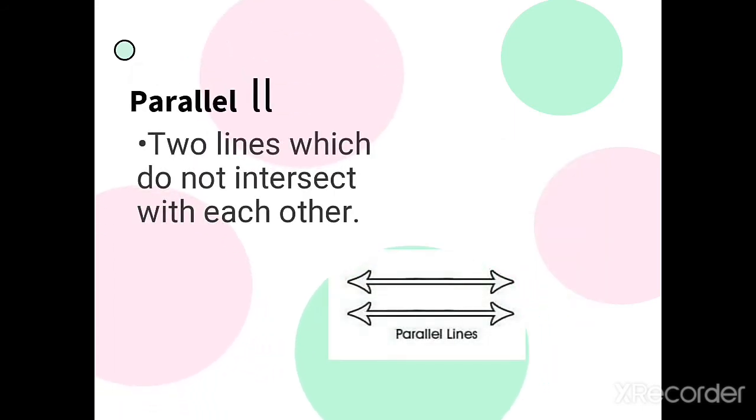Last for the lines is the parallel line symbol, which looks like two lines next to each other that don't touch. These are two lines which do not intersect with each other. In simpler terms, they never meet, unlike the intersecting lines that meet whenever, or the perpendicular lines that may have a condition but still manage to meet.